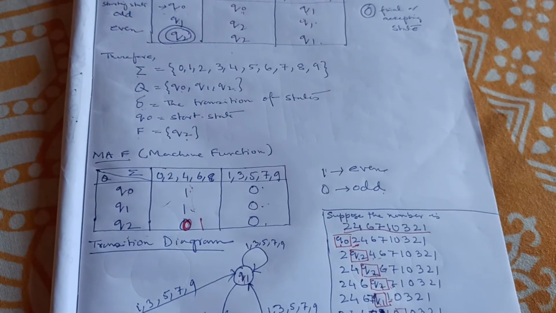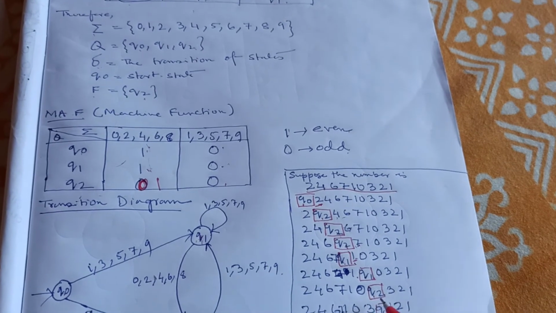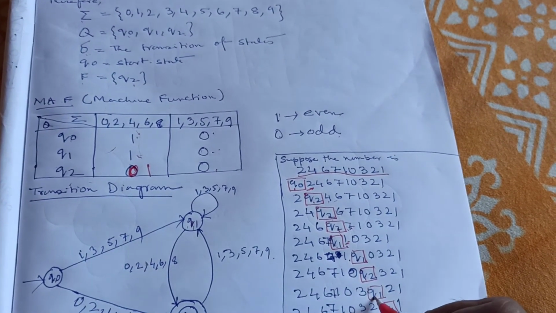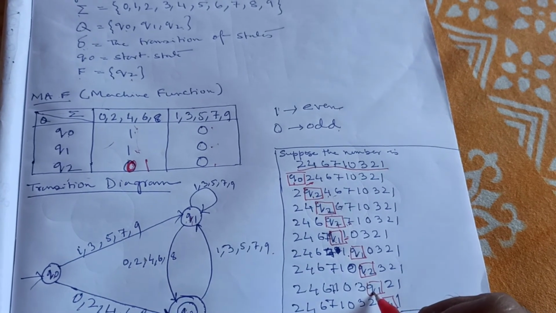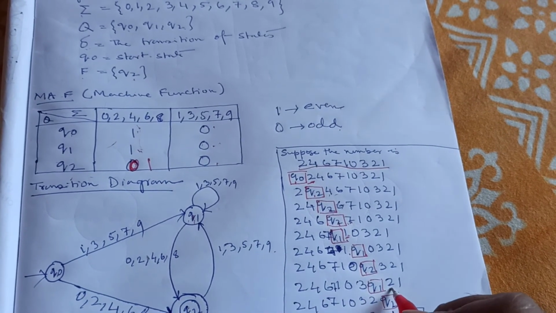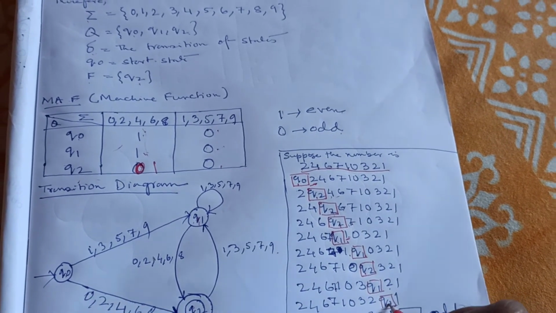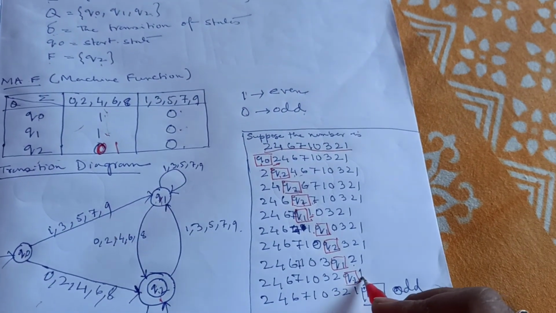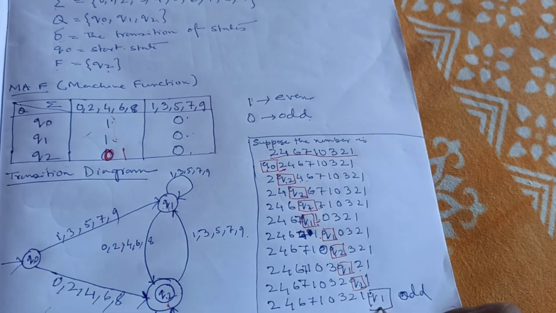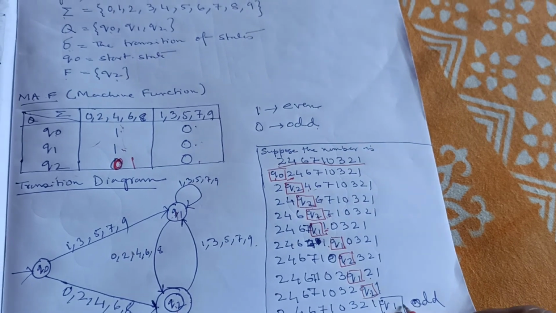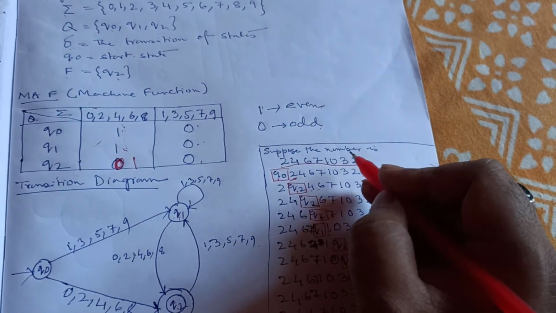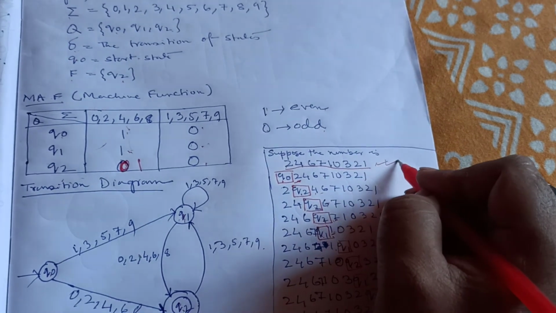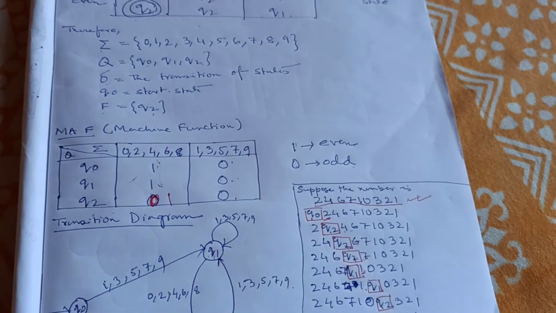Then I am in state Q2 and I get 3... I am in state Q1 and I get 2 as input, so I should move to Q2, and finally the next input is 1, so I should move to Q1. Since it is in Q1 state, the number is odd. So in this example we can check whether the number is even or odd.